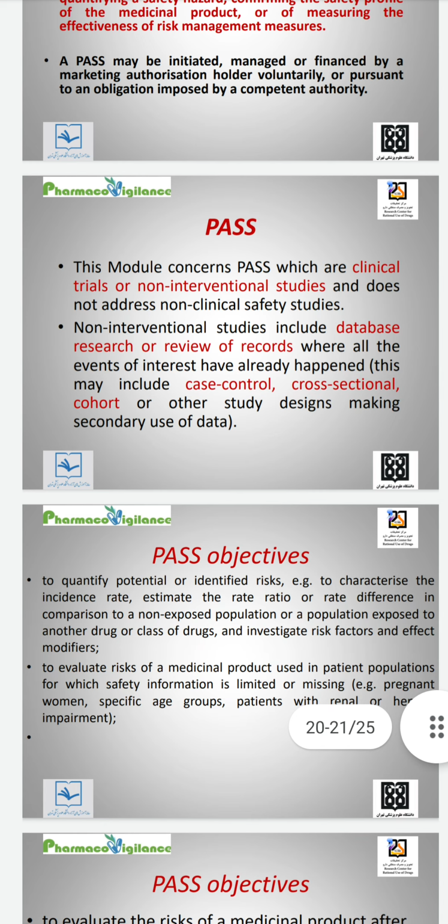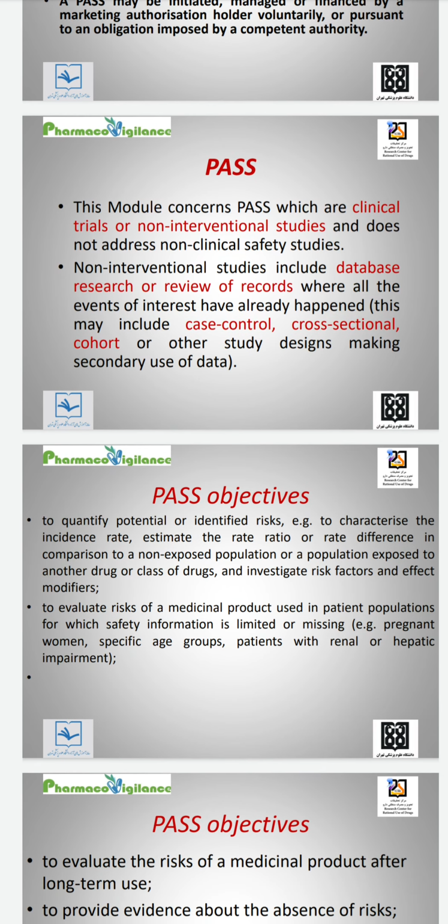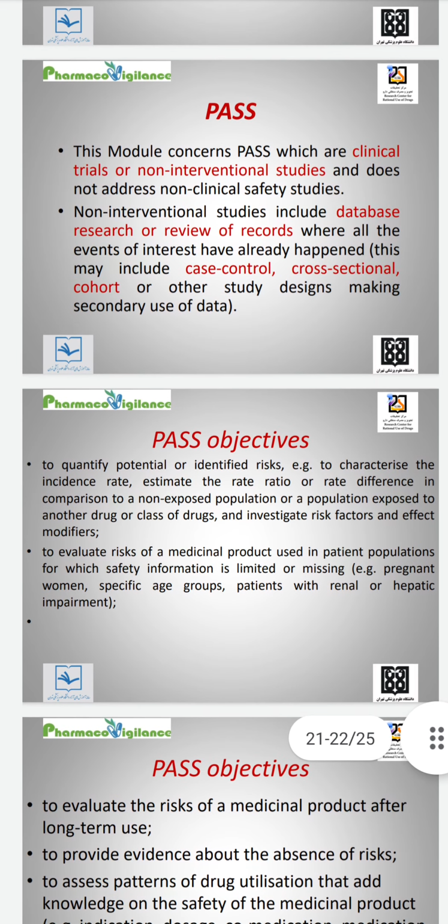PASS objectives: to quantify potential or identified risk, for example, to characterize the incidence rates, estimate the rate ratio or rate differences in comparison to a non-exposed population or population exposed to another drug or class of drugs, and investigate risk factors and effect modifiers.